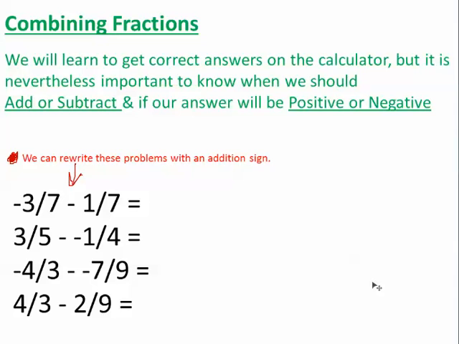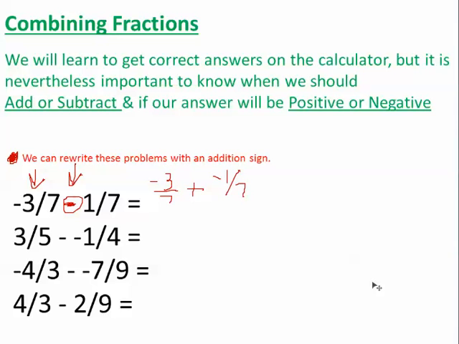How? Well, you never change the sign of the guy in front. So the guy in front, negative 3/7, he's still negative 3/7. But if I want to put a plus sign instead of this guy in the middle there, then I could say plus negative 1/7. This plus negative 1/7 and minus 1/7 are the exact same thing.